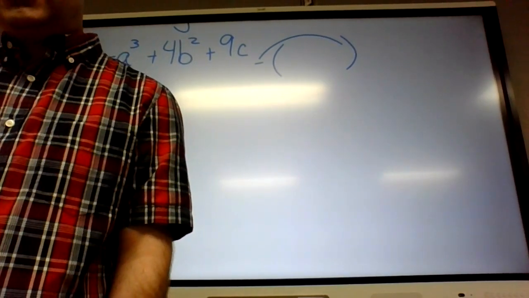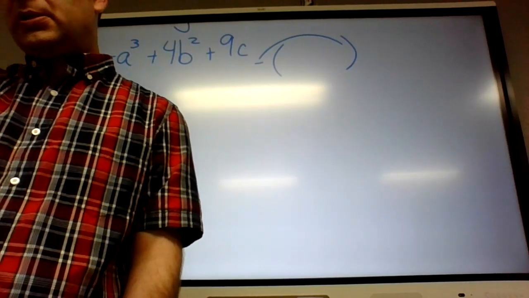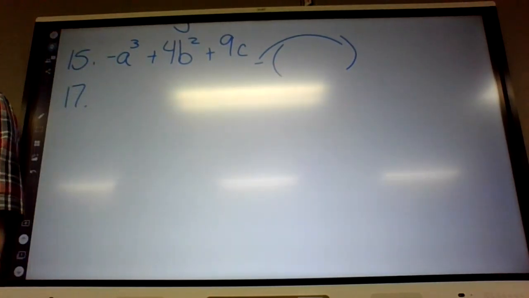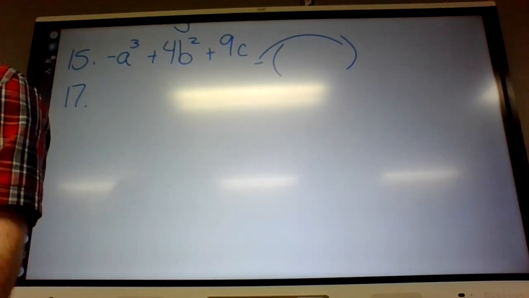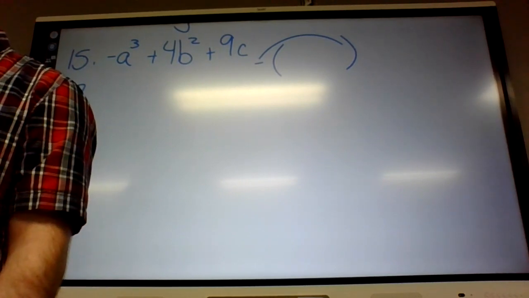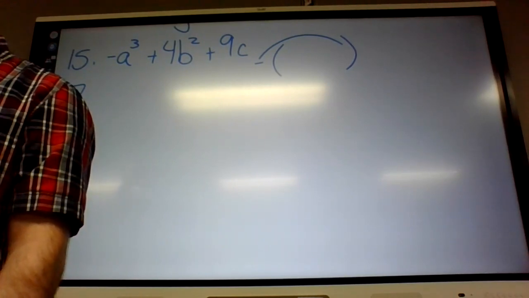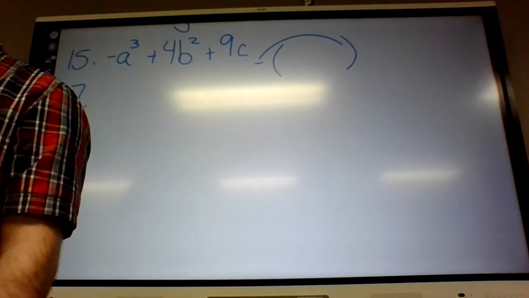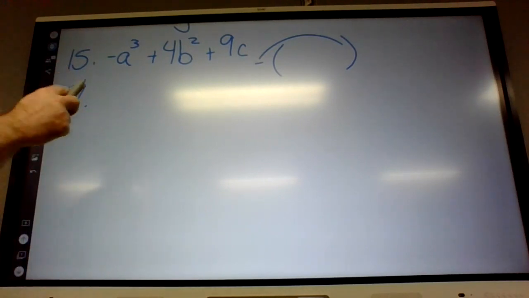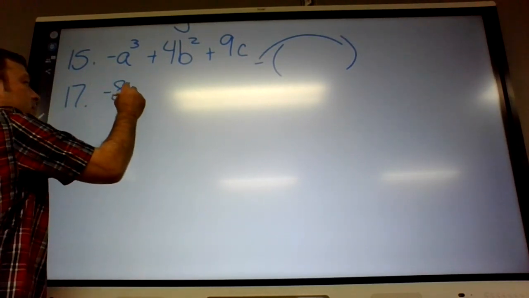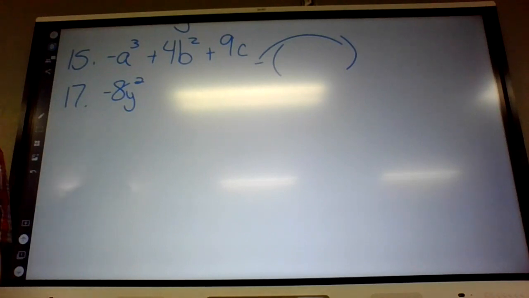All right, Davin, 17. Okay, so y to the power of 2 is positive, and 9, y to the power of 2 is also positive, so it's basically just subtracting. So it'd be -8y squared.